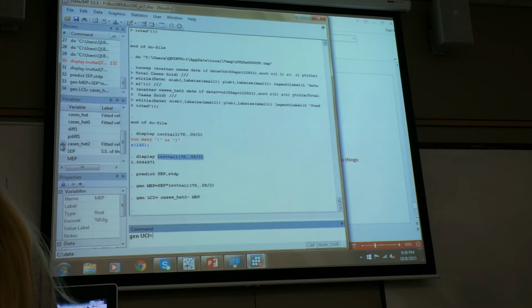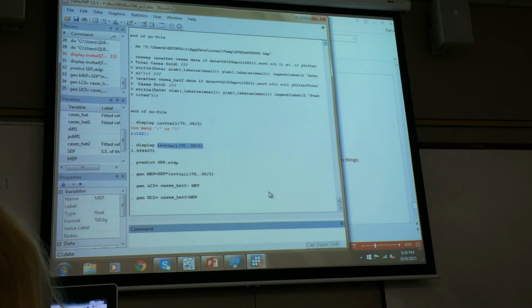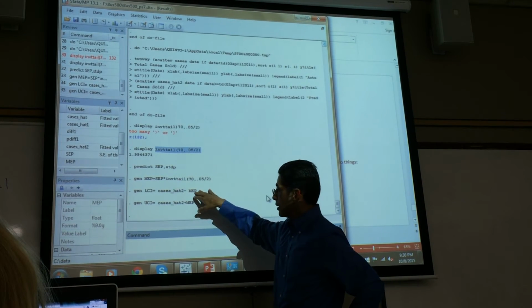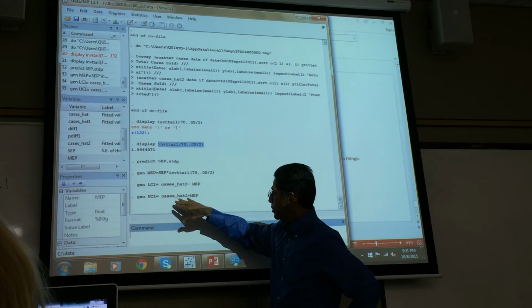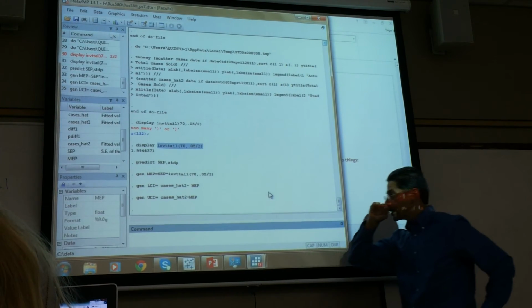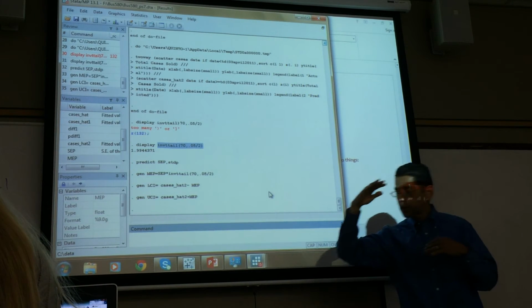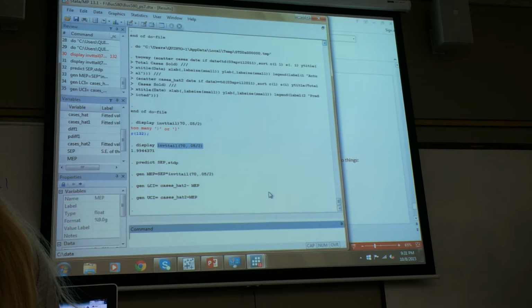That equals cases hat 2 plus my margin of error. So, what did I do? I took my predicted value, subtracted the margin of error to give me a lower limit, took my predicted value, added the margin of error to give me an upper limit. So now I've got these bounds, which contain my 95% confidence interval, my forecasting margin of error.